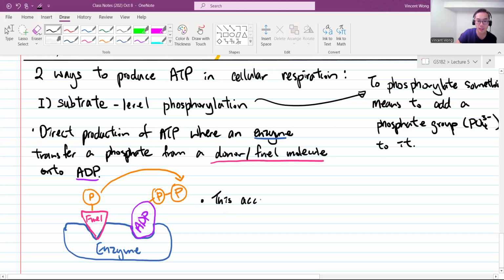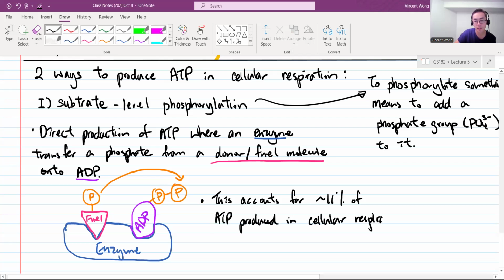This accounts for about 11% of ATP produced in cellular respiration. Okay. How many ATP are we supposed to make from one glucose? What's the magic number? Does anybody remember? 36, that's correct.